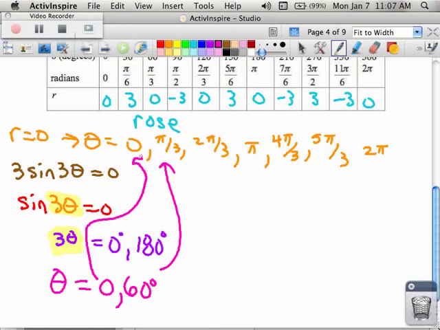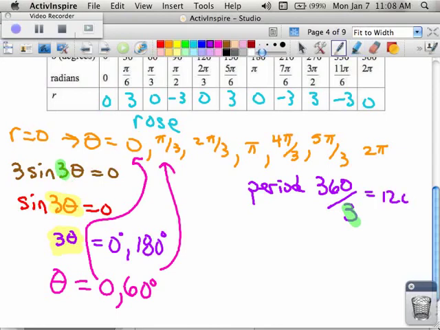Close. 2 pi over 3. So the thing you have to be aware of is that your new period is 2 pi, or if we use degrees, 360 divided by the 3, because that 3 was what was in front of my theta. And that turns out to be 120 degrees.